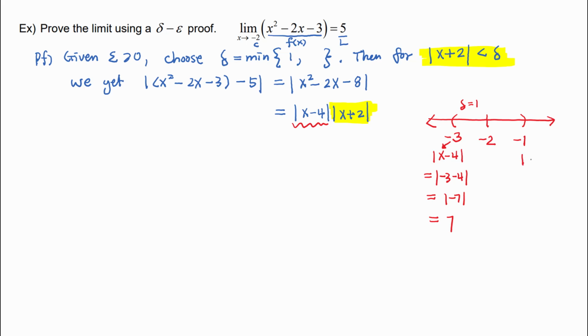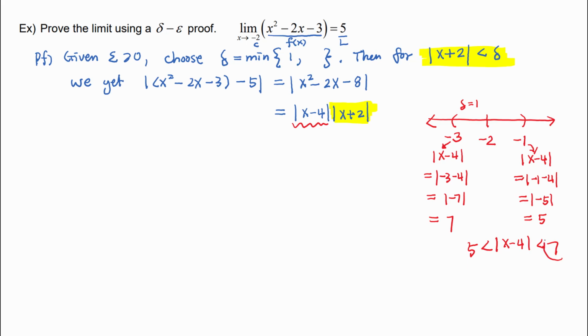And what about the absolute value of x minus 4 when x is -1? Then this gives me -1 minus 4, which is the absolute value of -5, equal to 5. So you know the absolute value of x minus 4 is from 5 to 7.